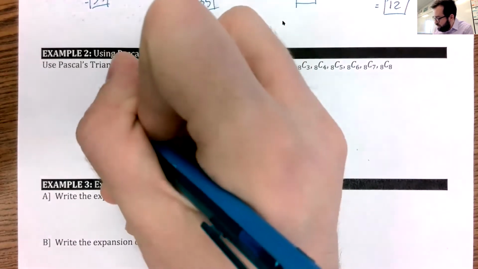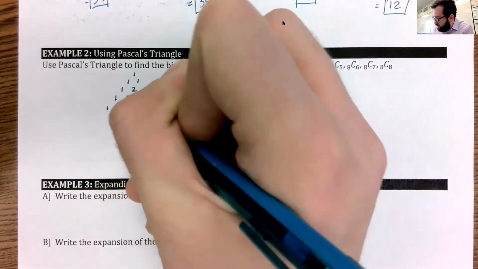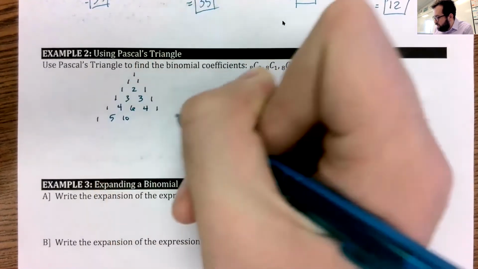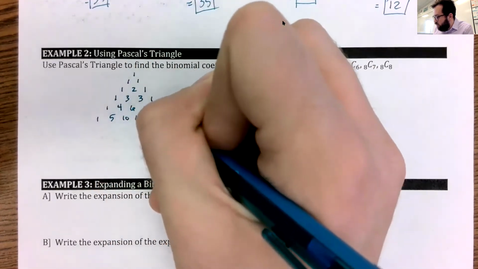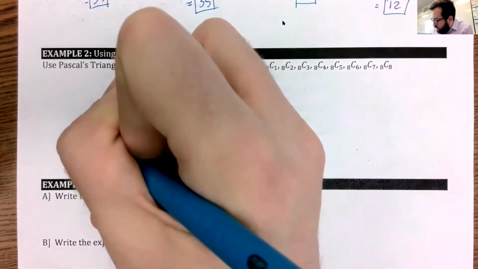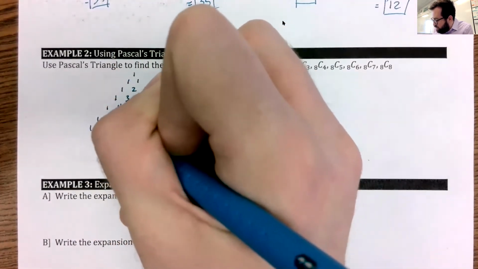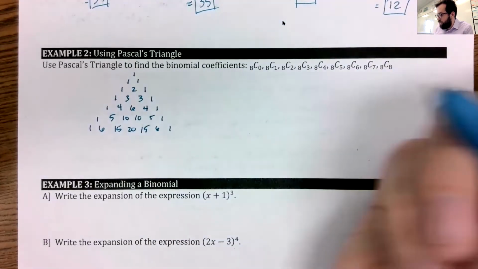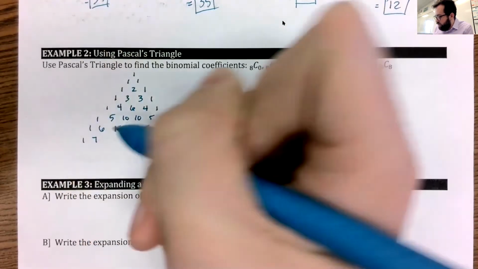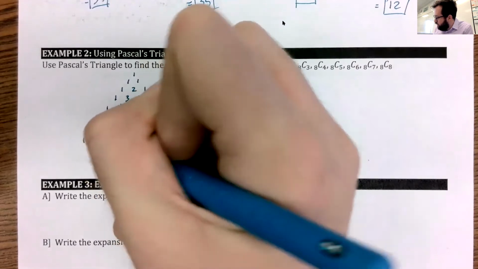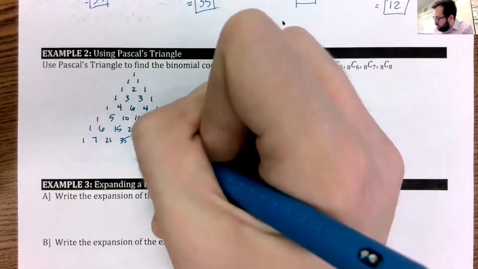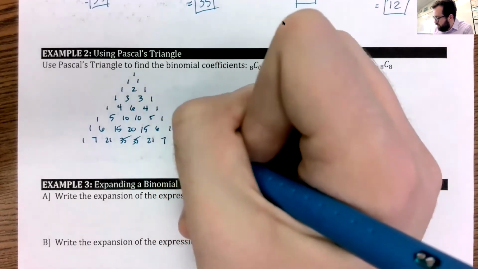I'm going to continue with that same pattern. So it's 1, 4, 6, 4, 1, 1, 5, 10, 10, 5, 1, 1, 6, 15, 20, 15, 6, 1, 1, 7, what is 15 plus 6, 21, 35, 35, 21, 7, and 1.